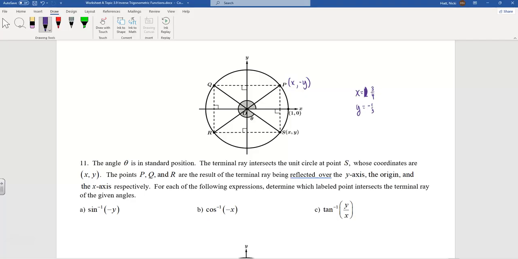And then I also need to know over here what's happening at Q. I actually don't really need to know R because R is in the third quadrant and is not going to be an answer for inverse trig, right? But at Q, the x coordinate is going to be opposite and the y coordinate would stay the same as point P right here. So this is kind of weird.